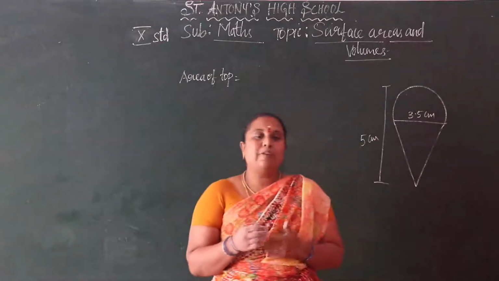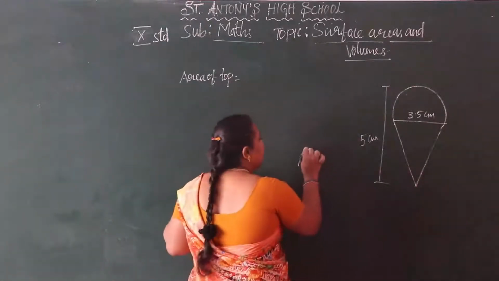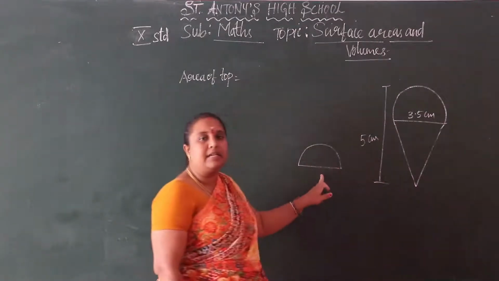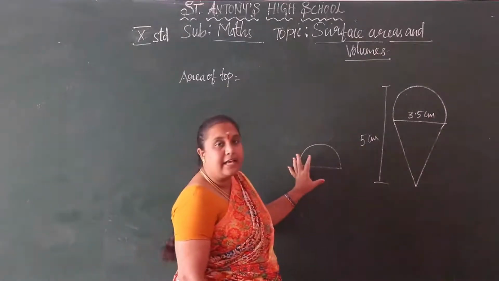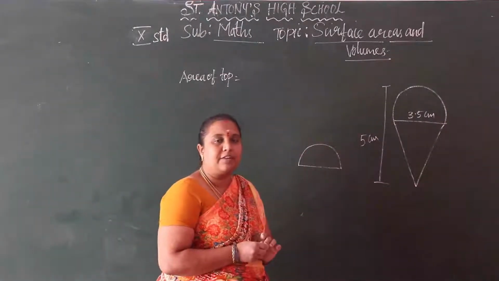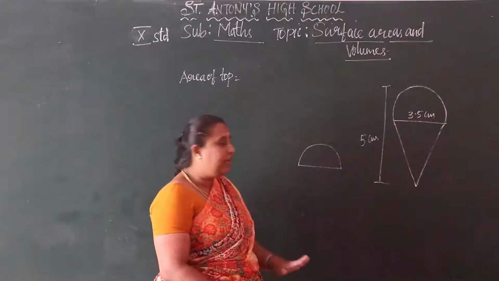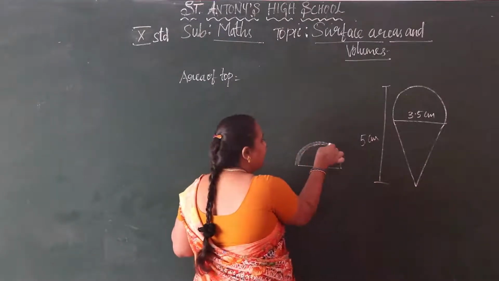If we had the surface area, the hemisphere would be like this, but we have only this part, not this one.